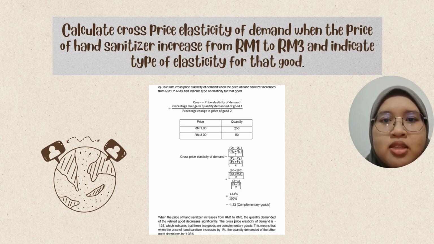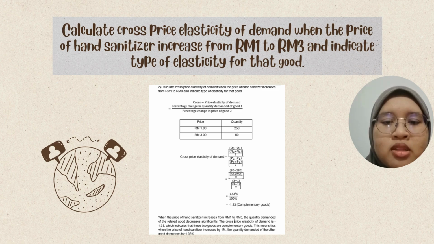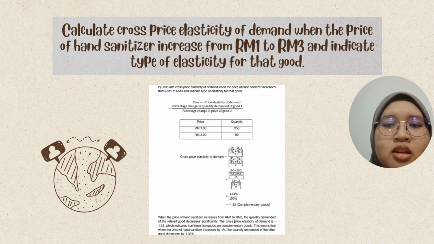The cross price elasticity of demand is negative 1.33, which indicates that these two goods are complementary goods. This means that when the price of hand sanitizer increases by 1%, the quantity demanded of the other goods decreases by 1.33%.